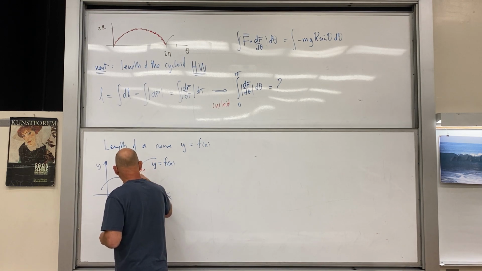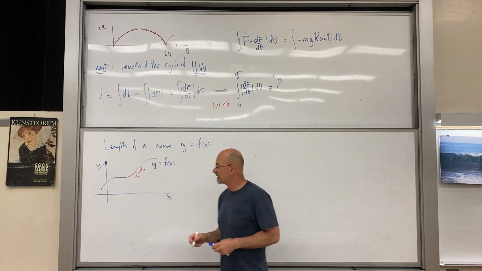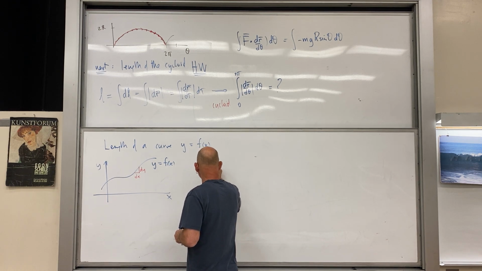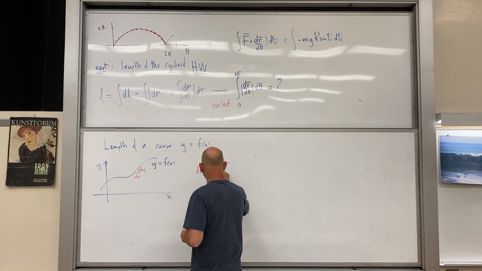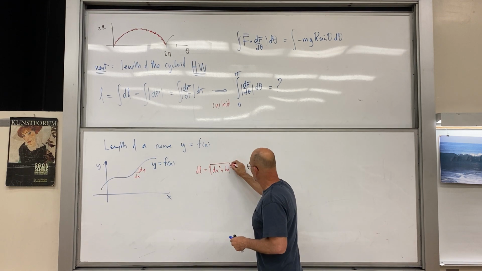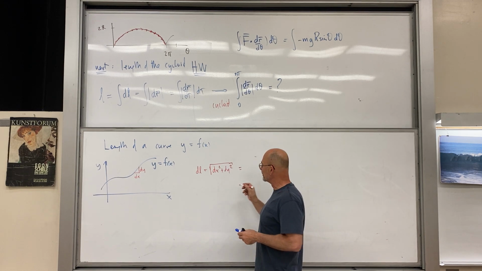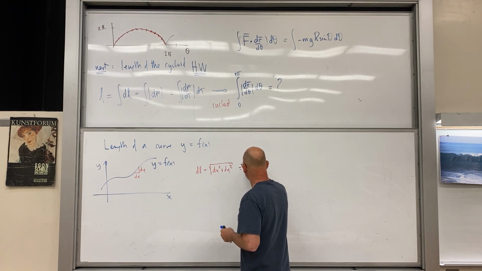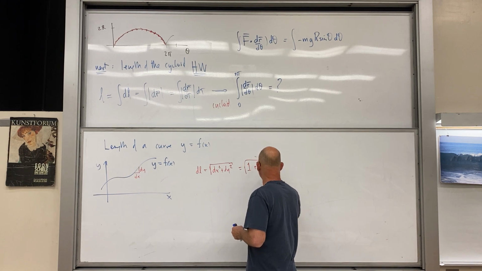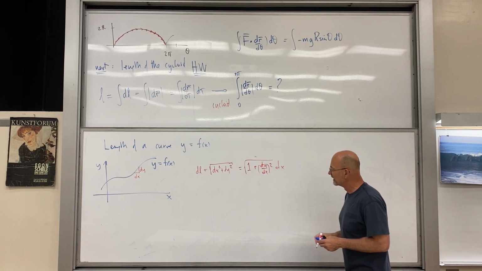We have dy and dx, and we can say DL is equal to the square root of dx squared plus dy squared. And then we're just working with infinitesimals. We can say it's equal to the square root of 1 plus (dy over dx) squared times dx.